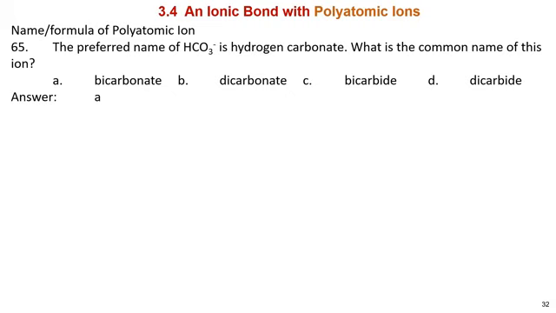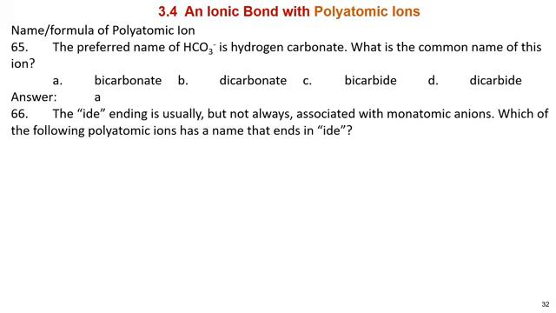Bicarbonate is HCO3 negative. Ide is always associated with monoatomic anions. Ide is found in hydroxide. This is phosphate, this is acetate, hydroxide, sulfate. All other polyatomic ions end in ate, like sulfate, phosphate, except ide for OH.